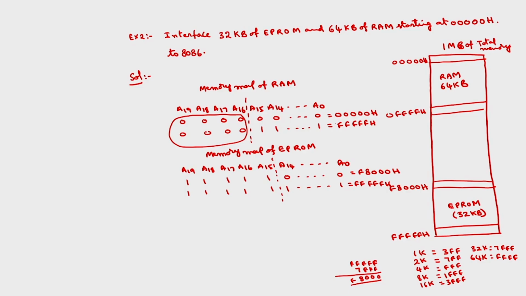So I will select a signal using a NAND gate whose output will be 0 if A16 to A19 is 0. You can connect it like this with NOT gates.